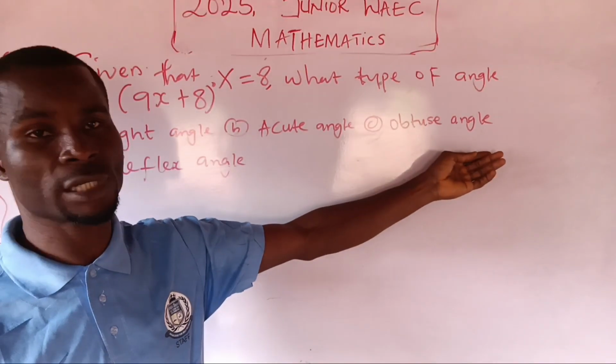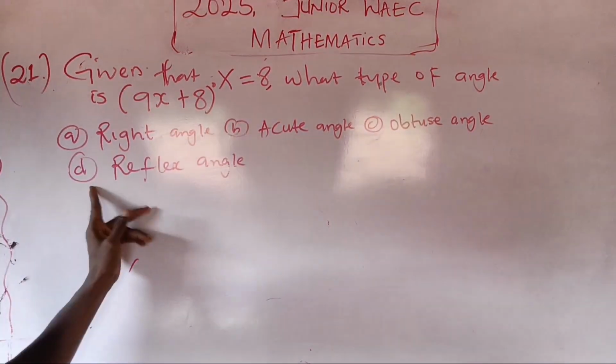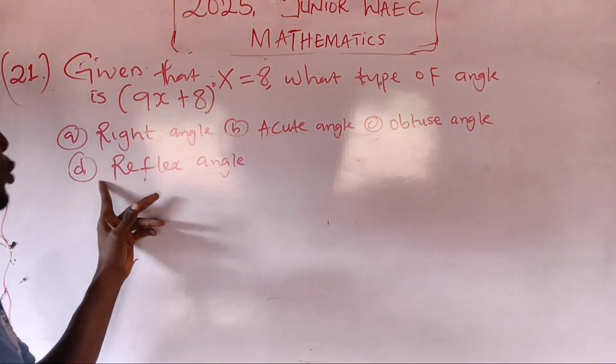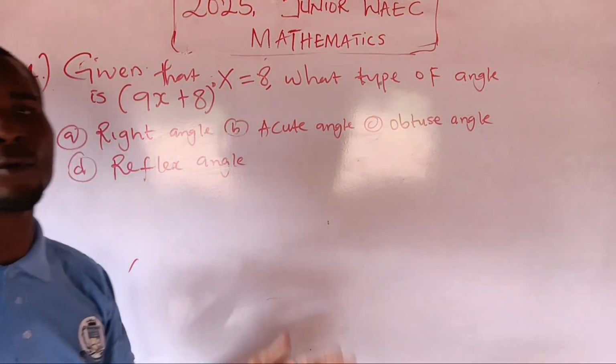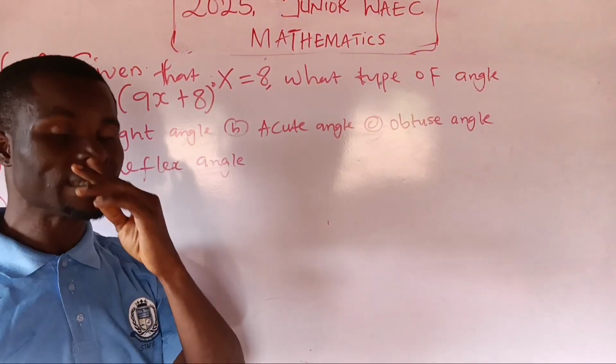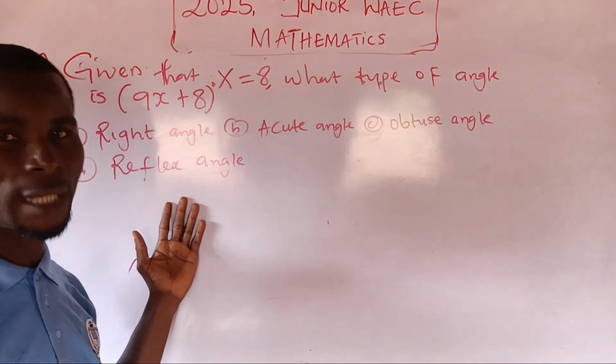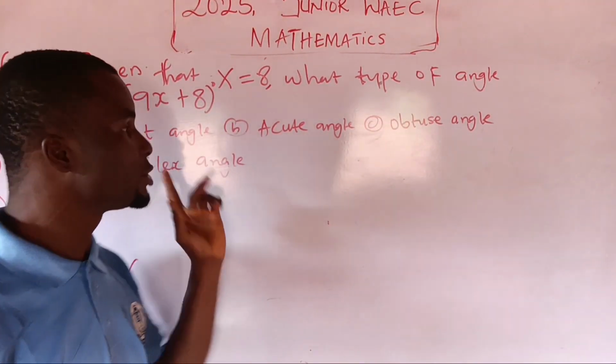That is obtuse: greater than 90 but less than 180. Now the fourth one, which is option D, reflex angle. Reflex angle is greater than 180 but less than 360. That is reflex angle: greater than 180 but less than 360.